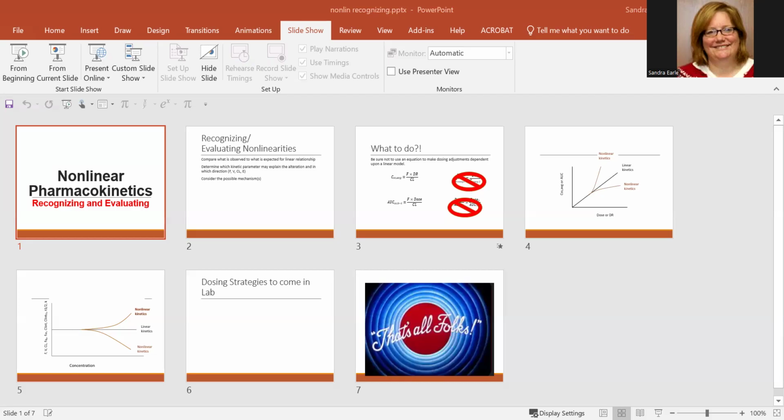Then we can set this equation equal to each other: our dose rate is to our CSS average for our first dose rate as our second dose rate is to our second CSS average. This assumes linearity, doesn't it?